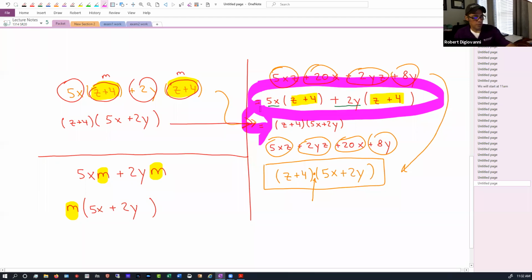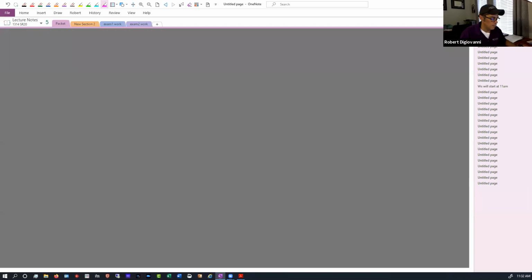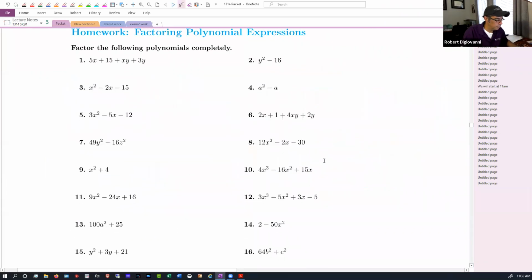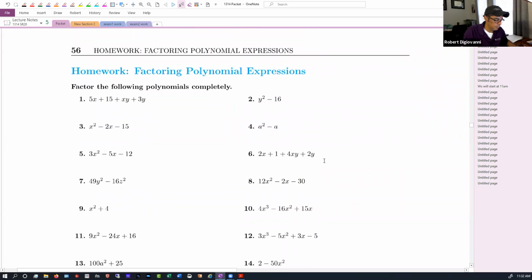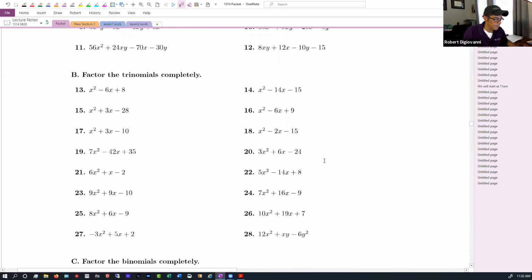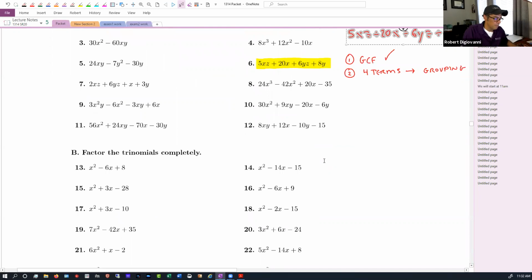Okay, I think another one is in order. I want to make sure I give you one that works, because it sucks when they don't work.